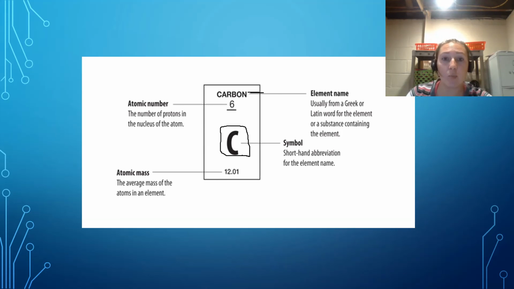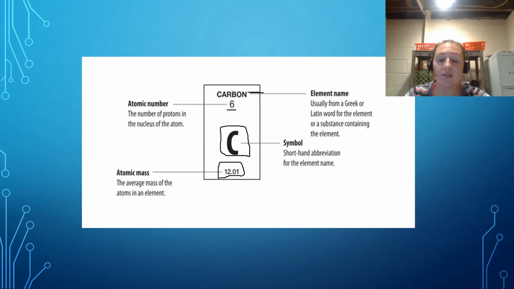The number of protons in the nucleus of the atom is also considered the atomic number. And then the bottom number, which is a little different, it usually has a decimal and might be a little bit bigger of a number, that is the atomic mass. So the average mass of the atoms in an element. Like the weight, we're talking about mass, you know, how heavy is it?